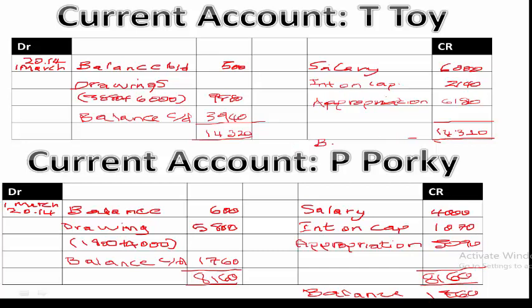Therefore, the balance brought down will be equal to 3,940.